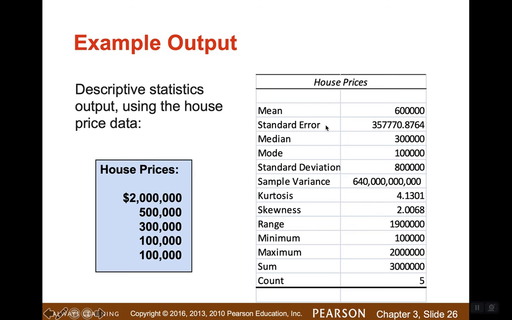So we have our mean, standard error, standard deviation, variance, kurtosis, skewness, range. As I said, they're relatively simple calculations. At first glance the formula looks more complicated than it really is. These are actually fairly simple, straightforward algorithms to implement.